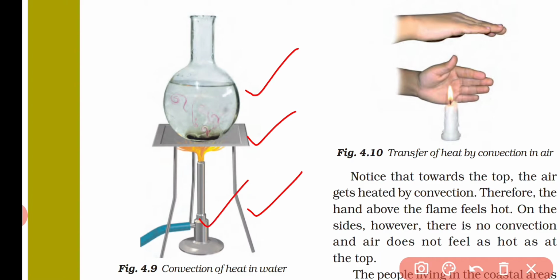First of all we take water in the round bottom flask, and after that we place 2 or 3 crystals of potassium permanganate at the bottom of the water with the help of a straw, without disturbing the water.